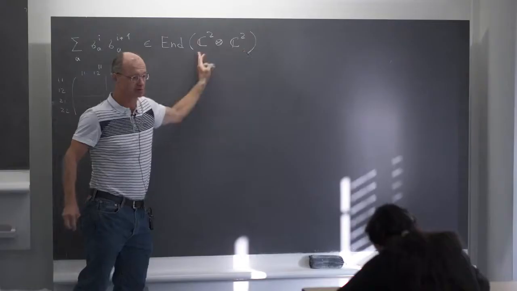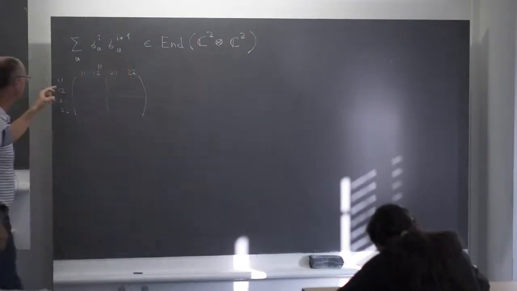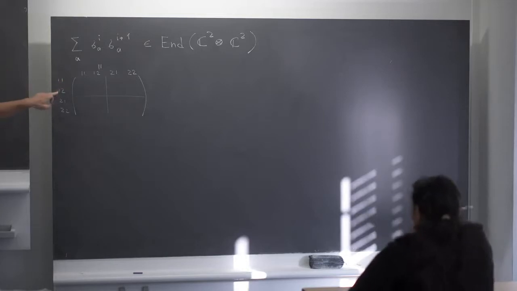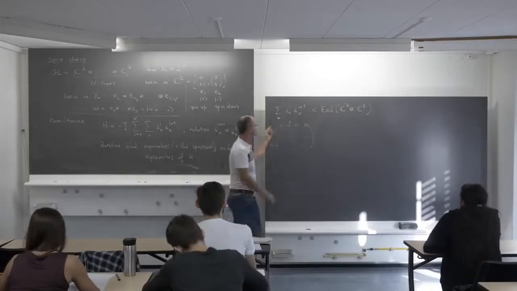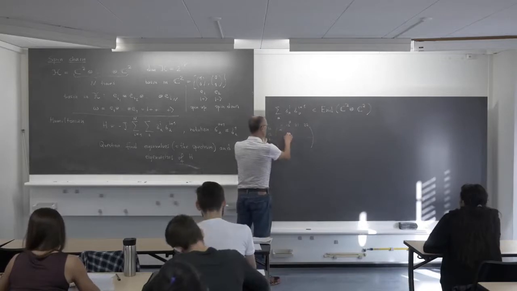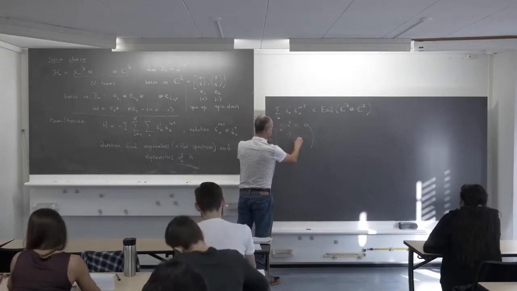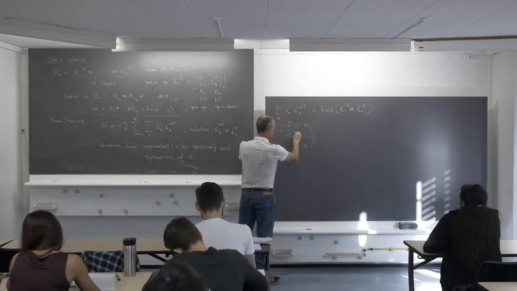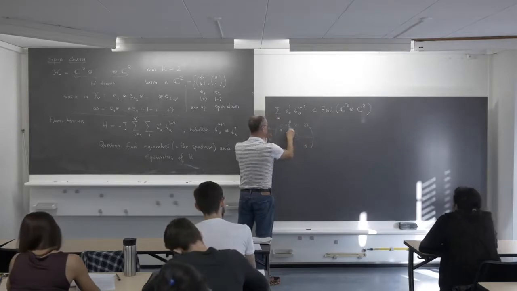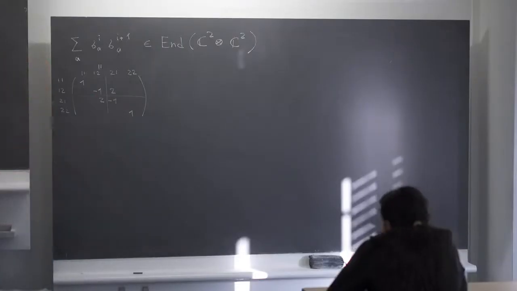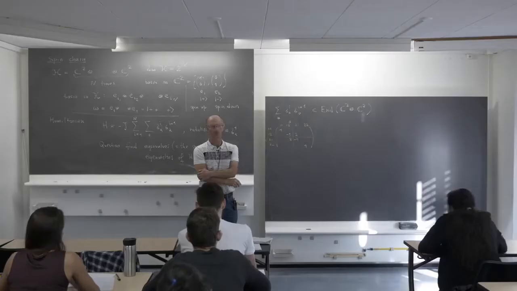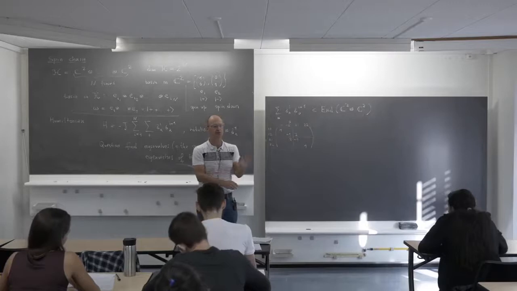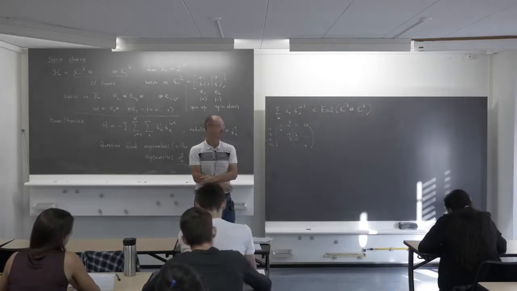This is a tensor product of two copies of C2, and this is E1 tensor E1, this is E1 tensor E2, and so on. If I'm not mistaken, what we get is something like this, and all the other entries are 0. Is it correct? By now I think you've written it many times at the exercises.